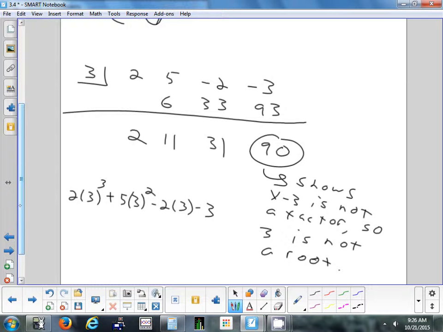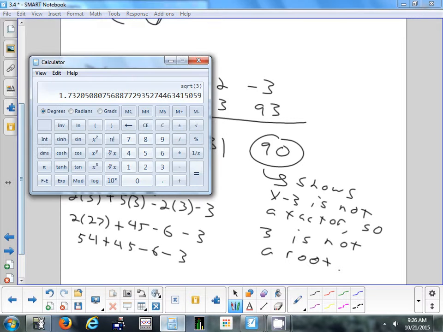All right, let's check it. 3 to the third power is 27. 3 squared is 9 times 5 is 45. Let's see, 2 times 3, it's negative 6. Okay, 2 times 27, what does that give me? 54? All right, let's add it up. 54 plus 45 minus 6 minus 3.